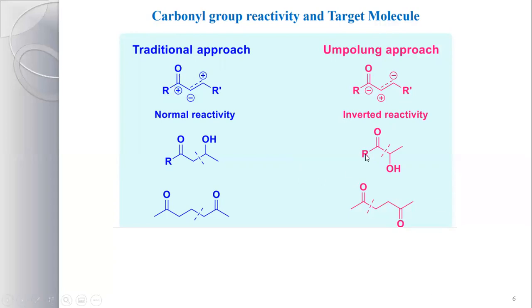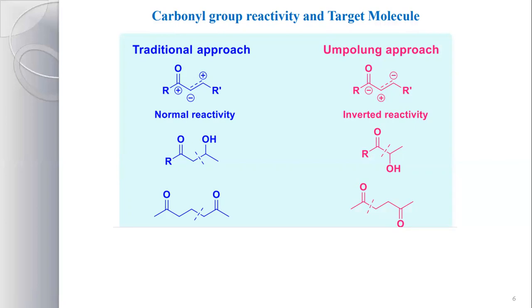In inverted reactions, there is zero carbon between two functional groups, or an even number of carbons between two functionalities. As I mentioned, we can differentiate on the basis of functionality: if the functional groups are in the 1,3 position, then it is a traditional approach.